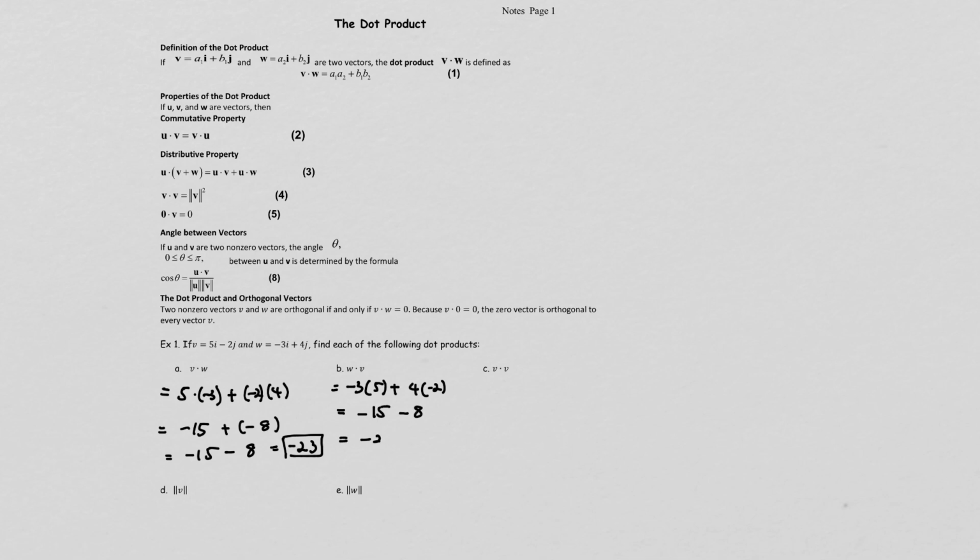So your solution is the same as when you're multiplying vector v times vector w. What about multiplying the same vector v times vector v? You will do 5 times 5 plus negative 2 times negative 2, which gives you 25 plus 4, which is going to be 29.